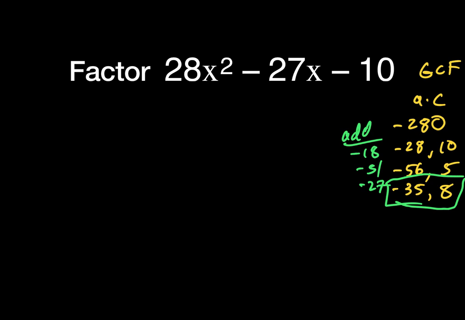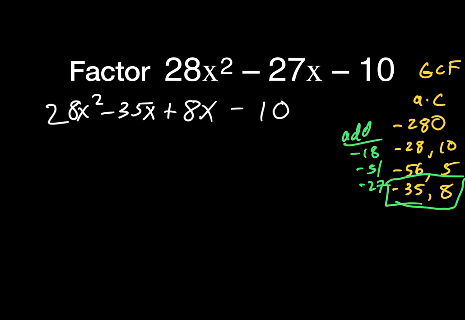I'm going to take 28x squared and rewrite the negative 27x as negative 35x plus 8x. I took this and split it into those two values because they'll add to negative 27. So again, we're unsimplifying this, breaking it apart, minus 10.